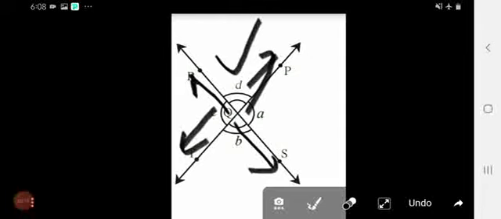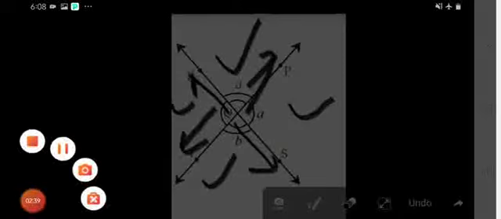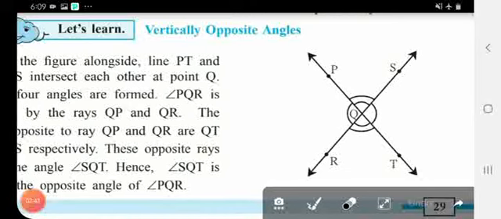So this angle and this angle are vertically opposite angles. Similarly, this angle and this angle are vertically opposite angles because their arms are opposite rays. So vertically opposite angles can be defined as the angles which are formed by opposite rays.